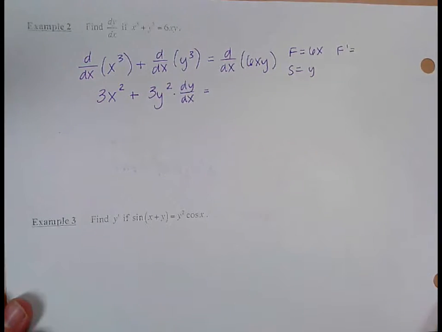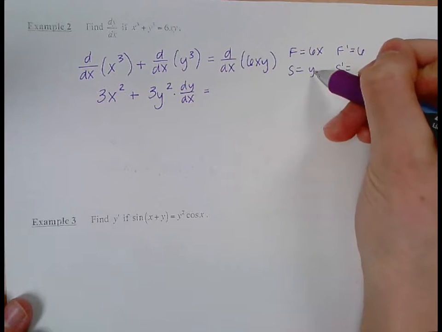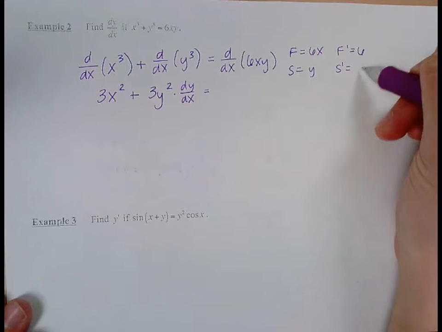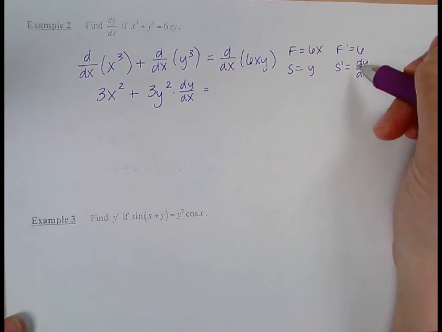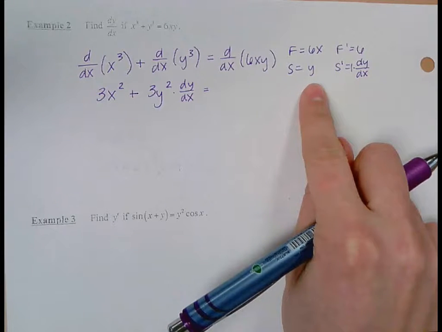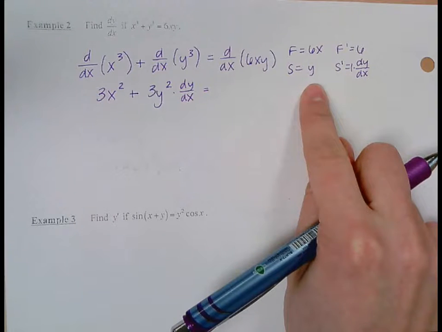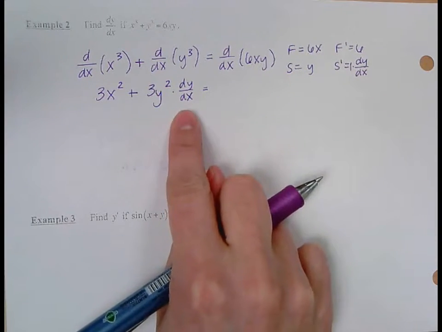Derivative of 6x is 6. Derivative of y is 1 dy dx, or just dy dx, because you're taking the derivative with respect to x. Anytime you take the derivative of y, you multiply by dy dx. It's the same reason why we multiply by dy dx here.